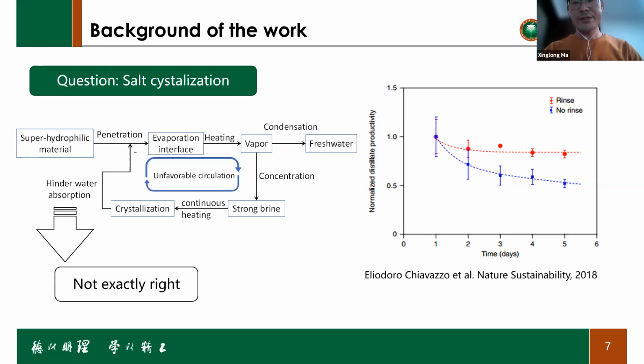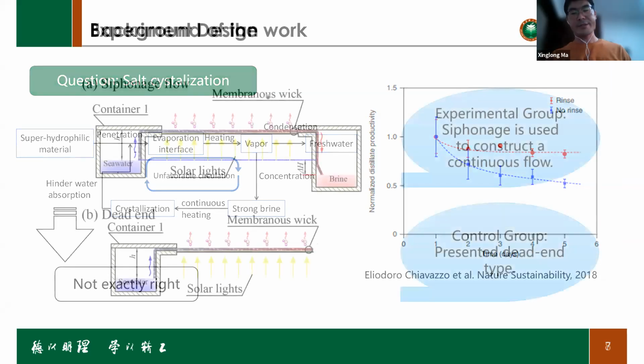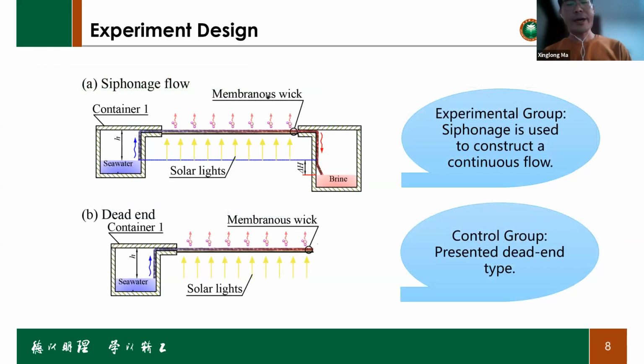However, this unfavorable circulation seems not exactly right. I mean, we have found salt accumulation has different influence during the scaling. So to validate this question, we designed an experiment to test it.